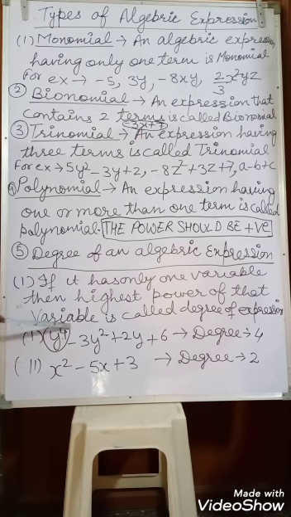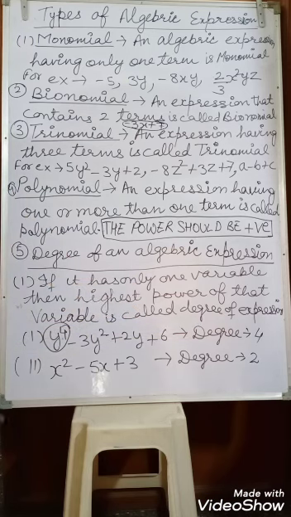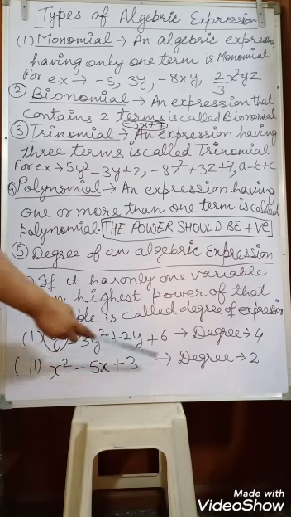Okay, it means the highest power is 4 here. So the degree of this expression is 4. Then go through another polynomial, x square minus 5x plus 3. Again, the highest power is 2. It has one variable. So the degree is 2.